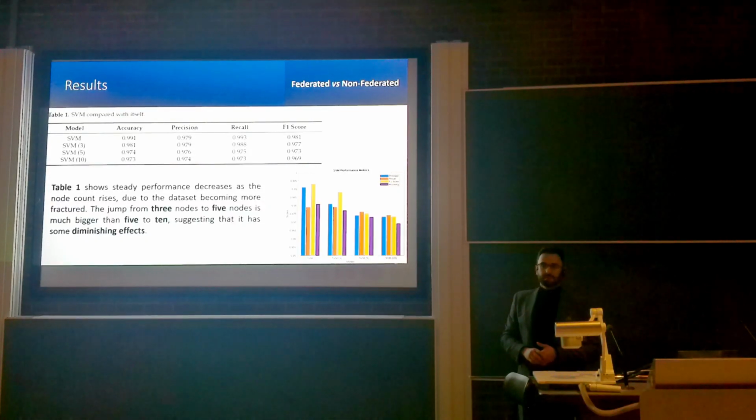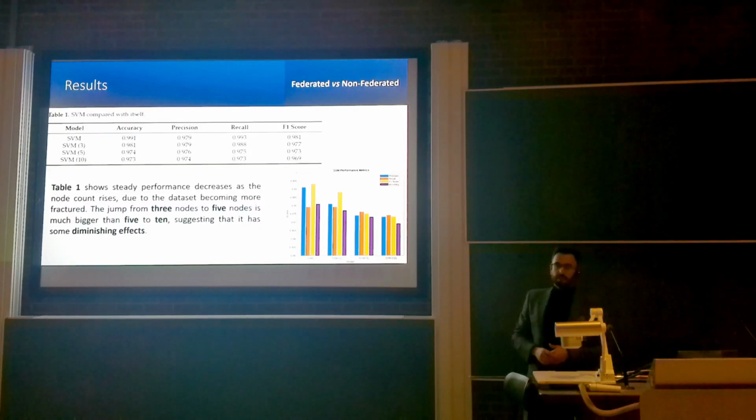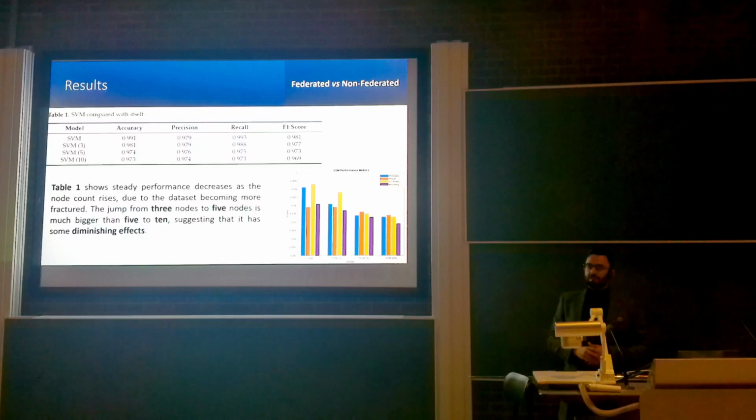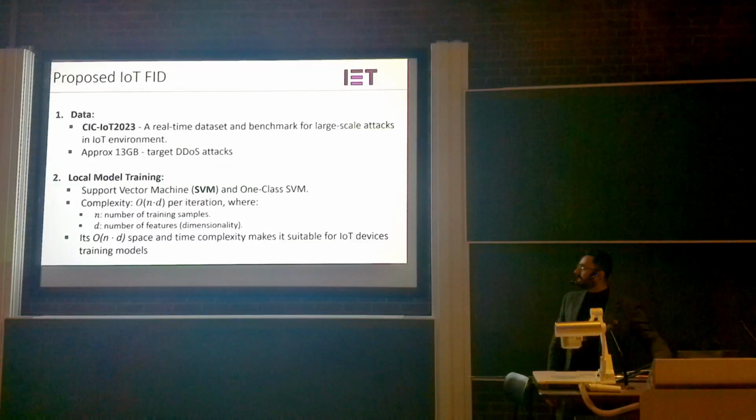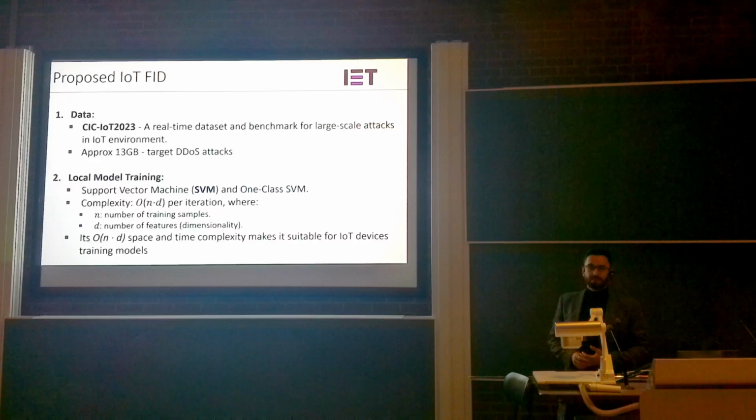So just a follow-up, if you have the same IoT devices, for example, and then you're going to implement them in another place, can you use the data gathered for another set of IoT, but they are the same? Yes, that's the aim for this data set generated by the Canadian Institute for Cybersecurity.